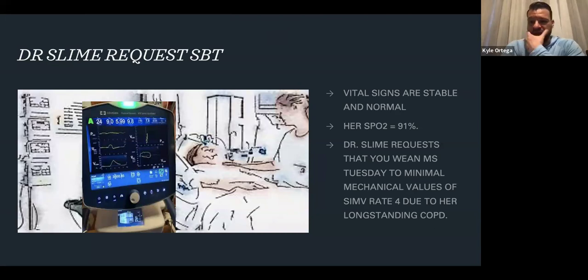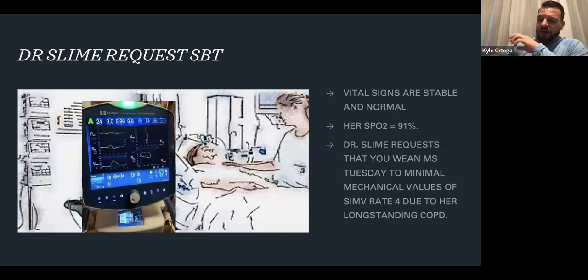So, signs of failure. In this case, we would definitely discontinue and return to mechanical ventilation. Having a respiratory rate greater than 35 for at least 5 minutes. Looking at her blood pressure, if her systolic decreases or increases more than 20 torr. Looking at the diastolic, same thing, except if it increases or decreases more than 10 torr.